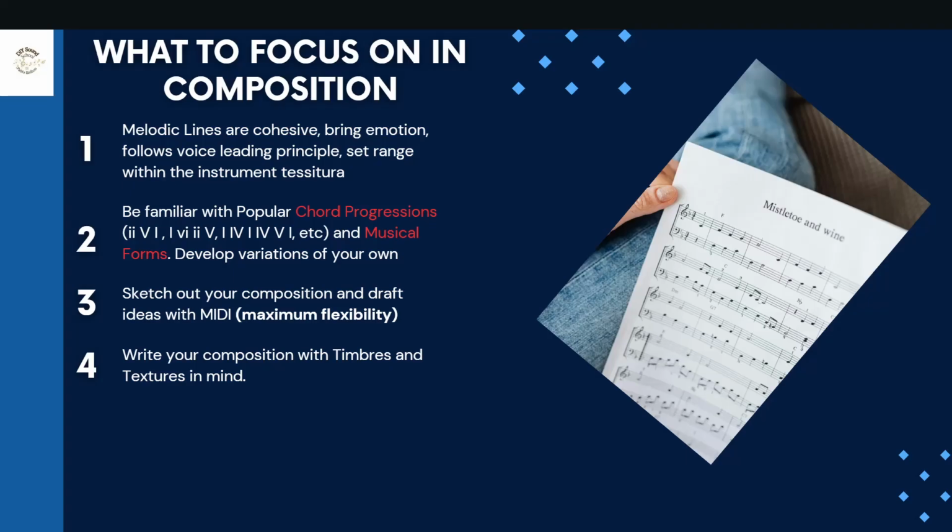We can play with those, and when we are composing music, we can use that to our advantage and use different timbres or different instruments for different portions or sections of the composition.